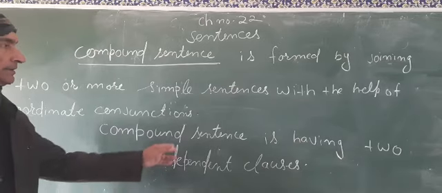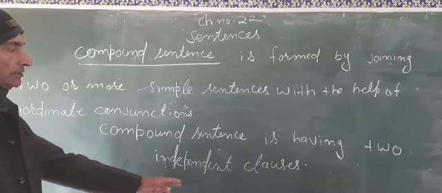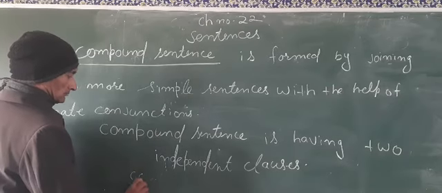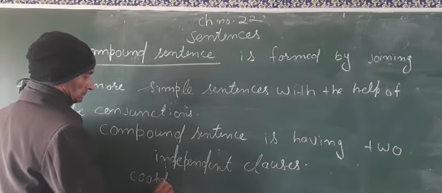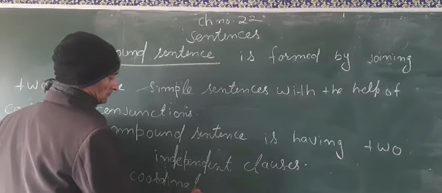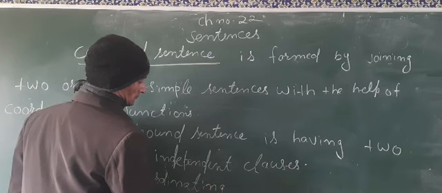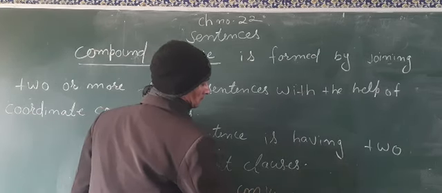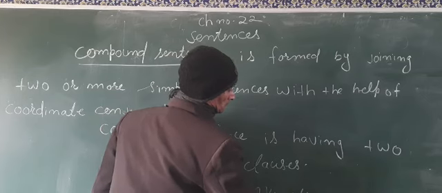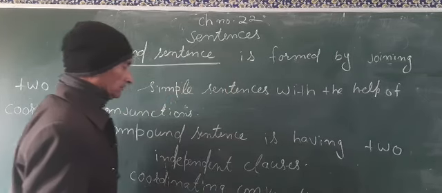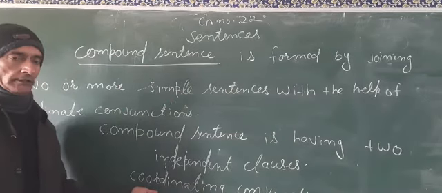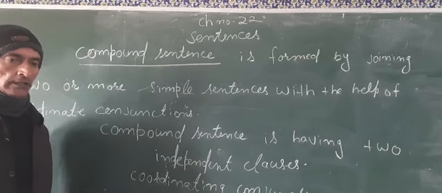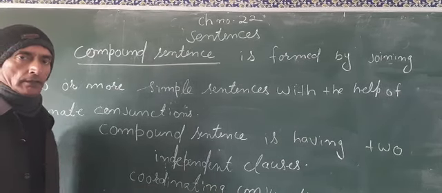So a compound sentence has two independent clauses joined by a coordinating conjunction. Compound sentences are usually joined by a coordinating conjunction. Let me give you an example.